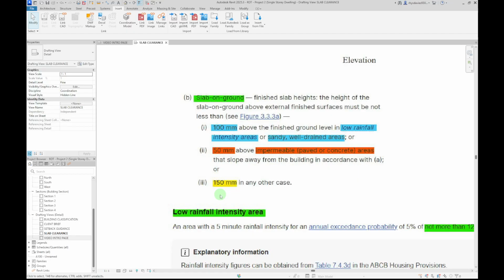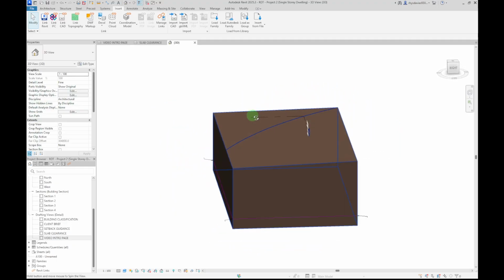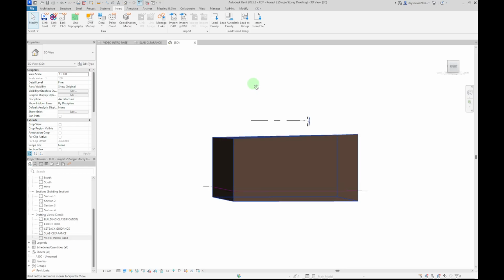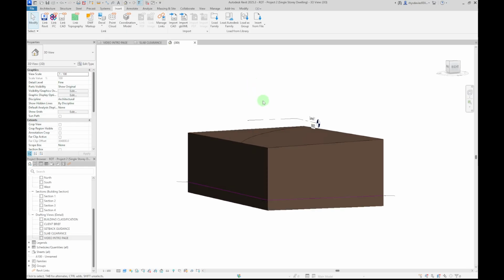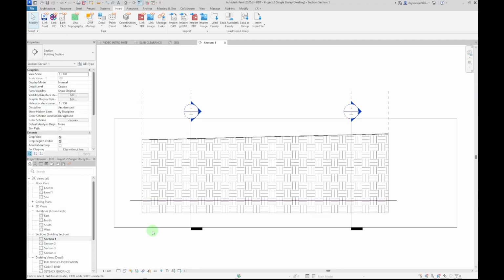When we go into 3D, what we're going to have to do is find the highest point of where the building envelope is going to sit on the topo surface, or natural ground, and go up 150 millimeters. We have the time to do this in our video.